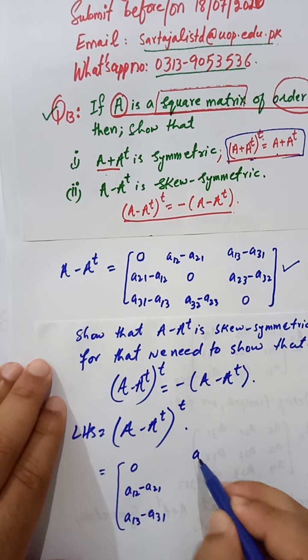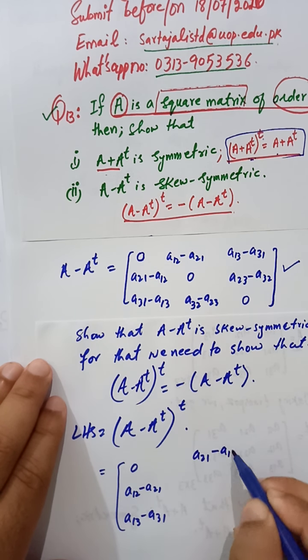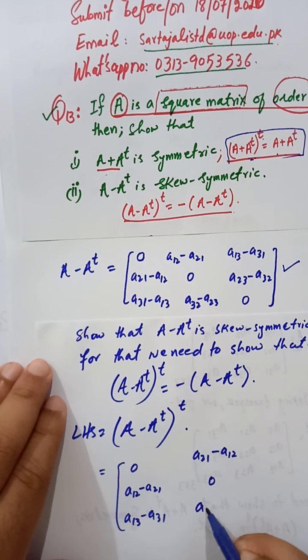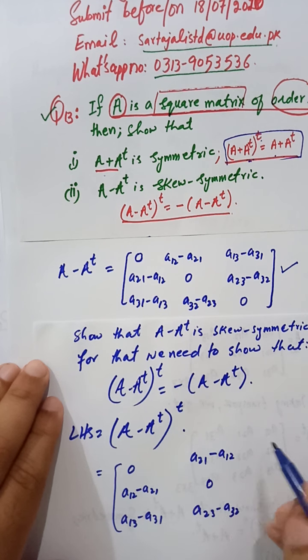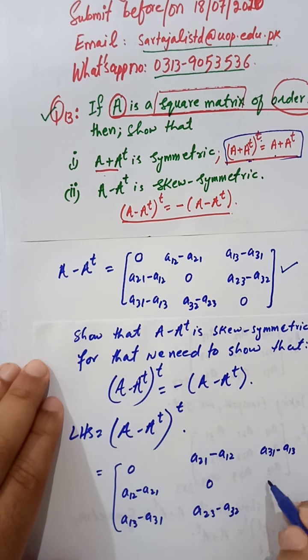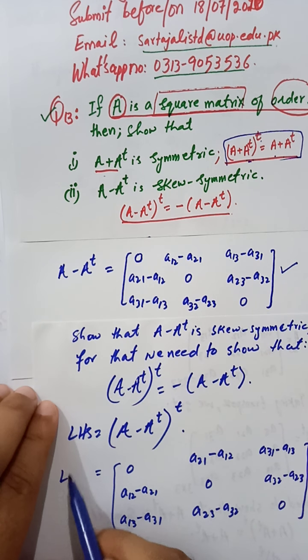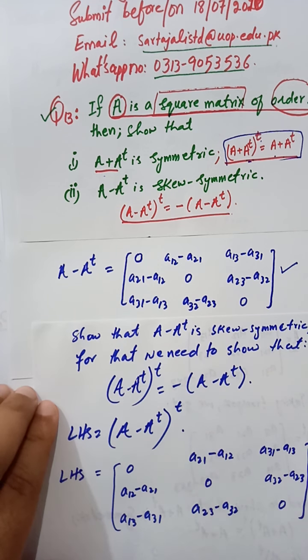The second row is converted into second column, and the third row of this matrix is converted into third column. So this is your left hand side of this equation.